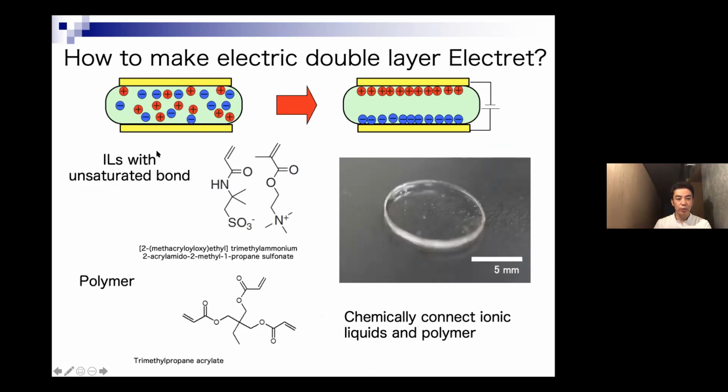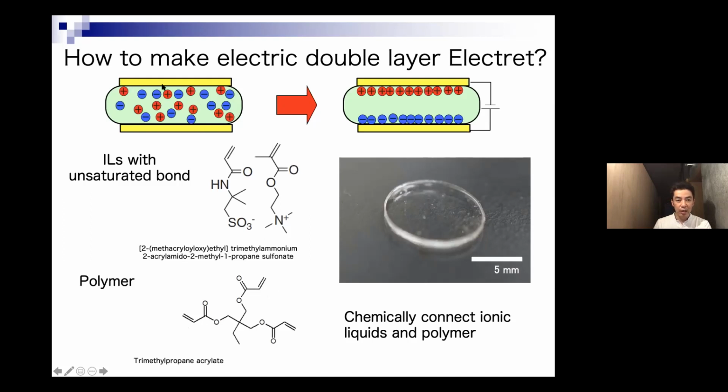So we are going to use an ionic liquid with unsaturated bonds on the cation and the anion. We also mix it with a polymer that has several unsaturated bonds.